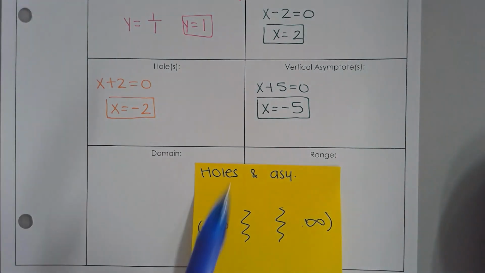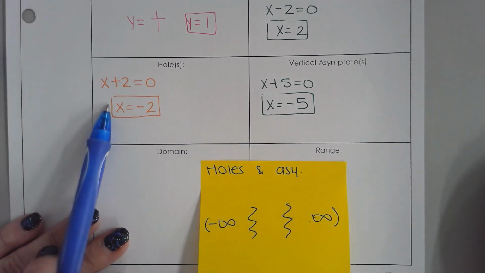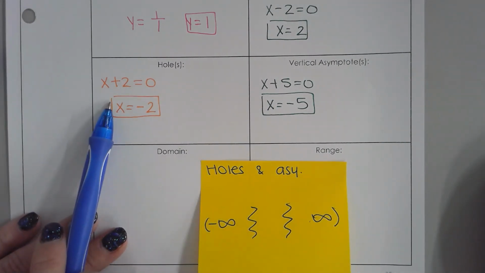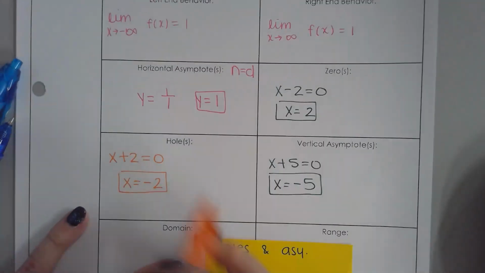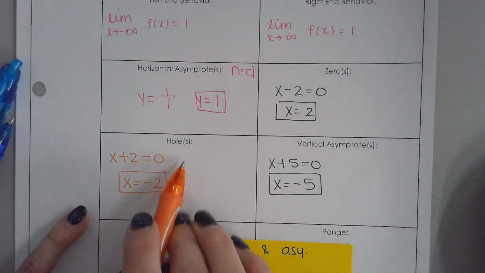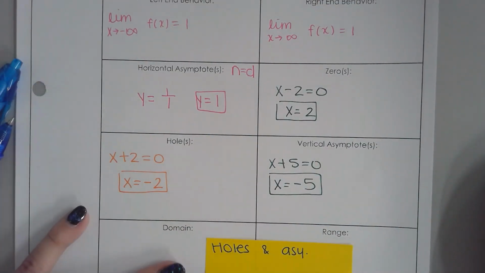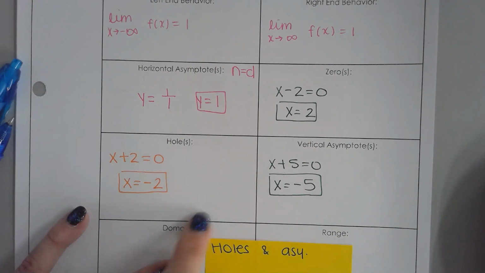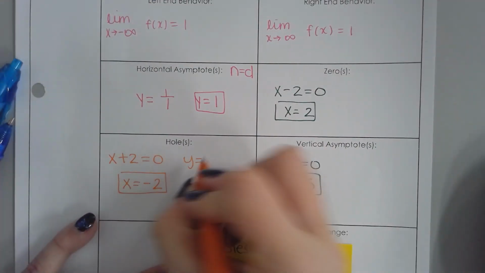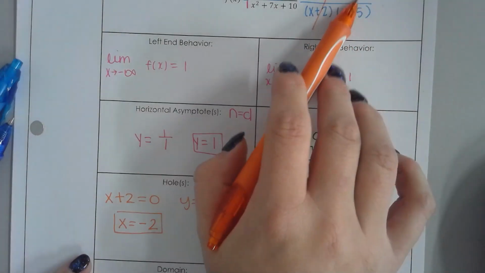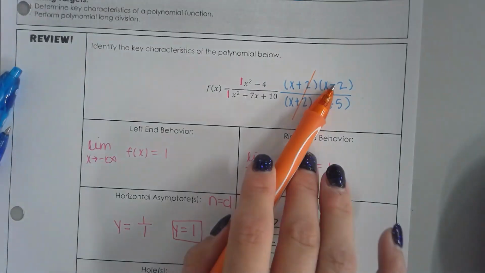So if I look back, holes, we really actually need to go back and find the y value too. I forgot that, sorry. Let's go back there real quick. So if x is negative 2, I need to find my y value, because that y value is going to affect my range. Okay, so if I go back, my y value for this hole, you plug in negative 2 back into what's left over.